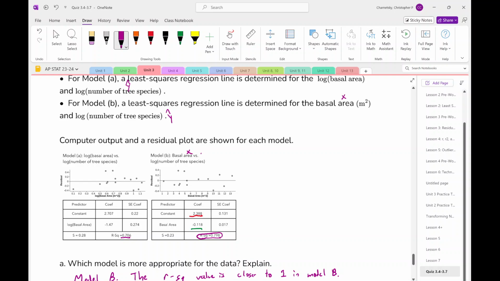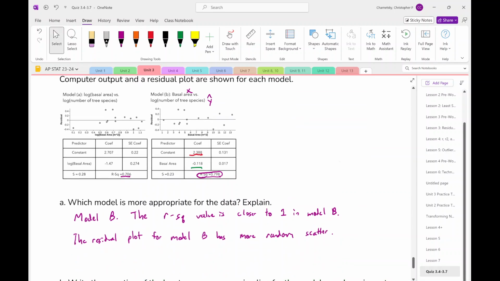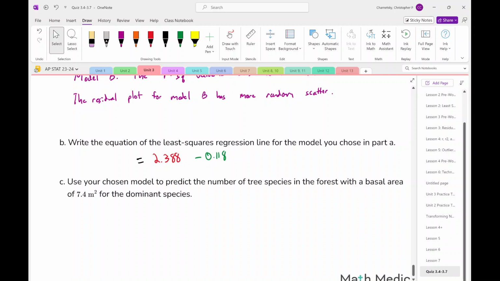Basal area is our x, and log number of trees is y hat. So in parentheses next to our slope, we're going to put basal area. And for the y, it's going to be log number of species hat.